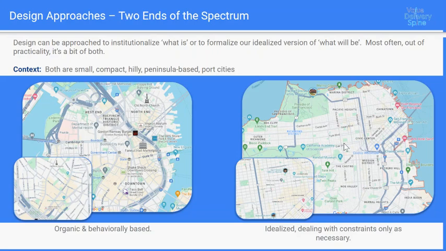It just kept growing out, and that grid pattern followed the growth of the city. So this is a more idealized for efficiency pattern. It was well thought out up front. There's constraints it had to live with, like green spaces and mountains over here, but in general, it followed that very defined structure that was set up. So those are two different approaches to design.